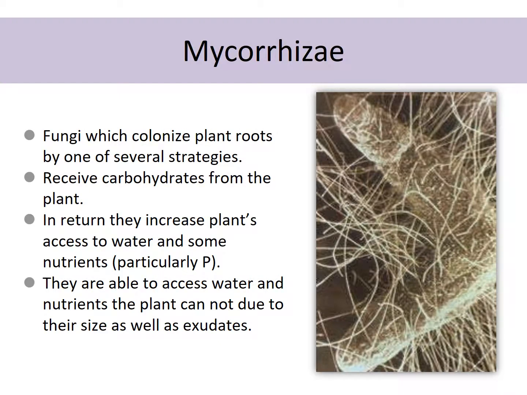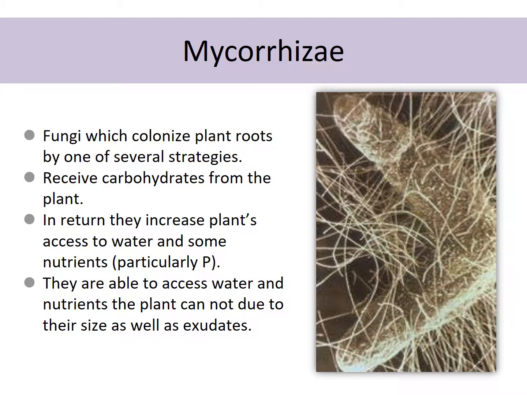On the other hand, mycorrhizae are fungi which form symbiotic relationships with a wide variety of plants. In fact, over 80% of terrestrial plants are known to form relationships with mycorrhizal fungi. In the relationship that mycorrhizae form with plants, they again receive carbohydrates from the plant, and in return, instead of giving the plant nitrogen, they give the plant increased access to water and some nutrients.